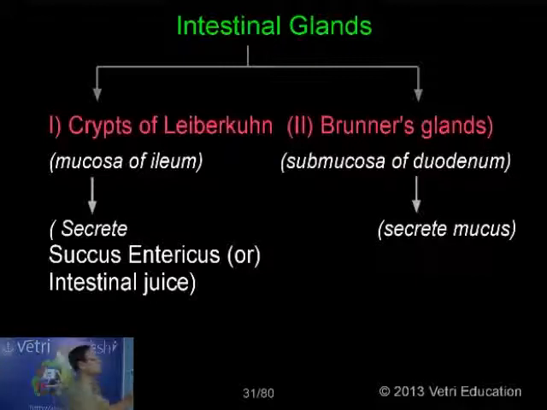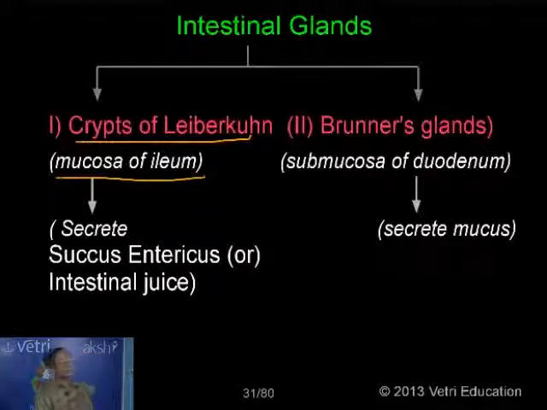One is the crypts of Lieberkuhn. It is secreted by the mucosa, the innermost layer of the ileum. That's the question: where is it secreted, and by whom? Simply the intestinal glands, concerned with the secretion of enzymes. Therefore, I show the picture normally. See in the case of villi, what is shown already. If you go back to the villi region, you can see the crypts of Lieberkuhn.